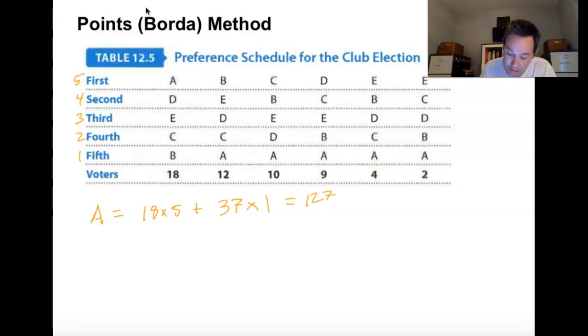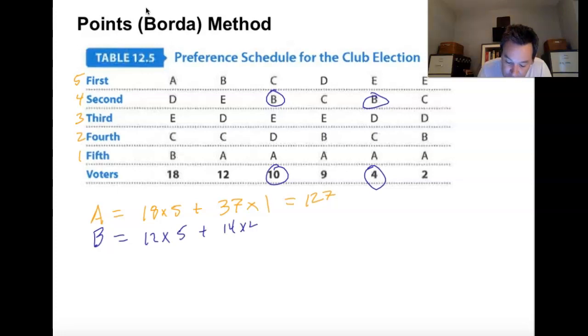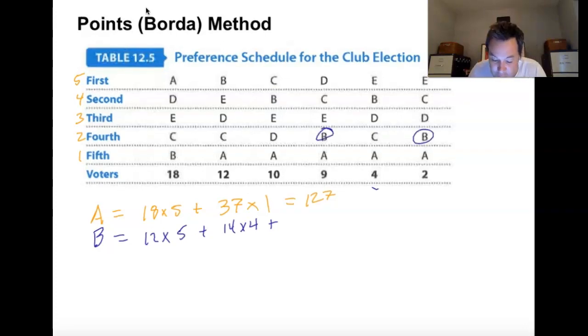All right, let's look at candidate B. Candidate B gets 12 first place votes. So I'm going to do 12 times 5. There are 2 columns where B is in second. So B gets 14 second place votes. So plus 14 times 4 plus. All right, candidate B, no third place votes. He's in 4th place in 2 columns.